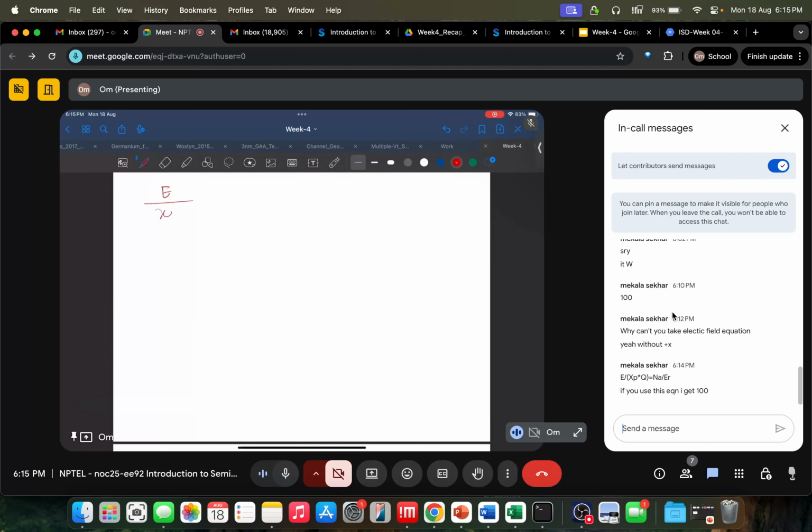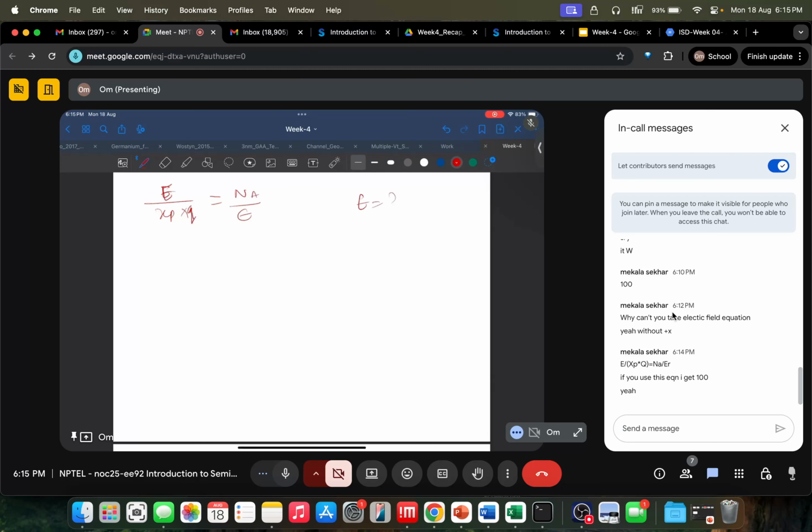E upon XP into Q is NA by epsilon. If you use this equation, I get 100. Okay. So how do we find E? Here I don't know. Here also I don't know XP also.